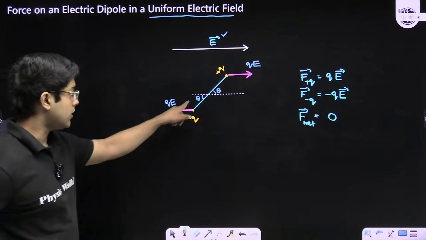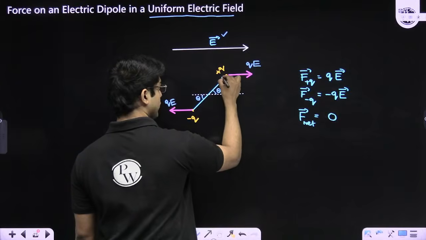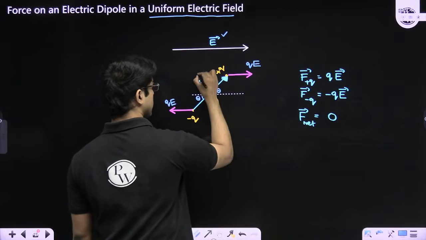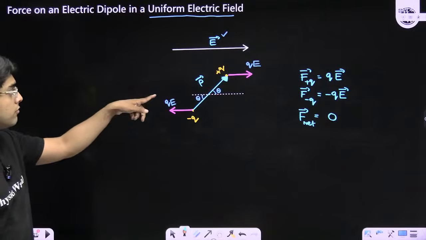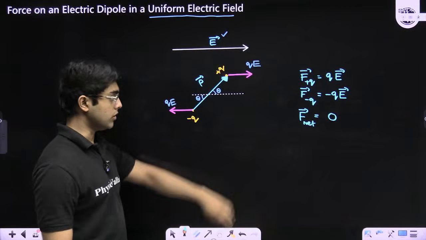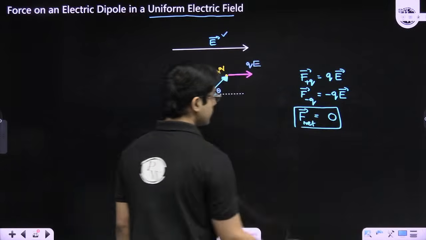So if you have a dipole kept in a uniform electric field, which is a constant electric field, then the net force on the dipole will be 0.